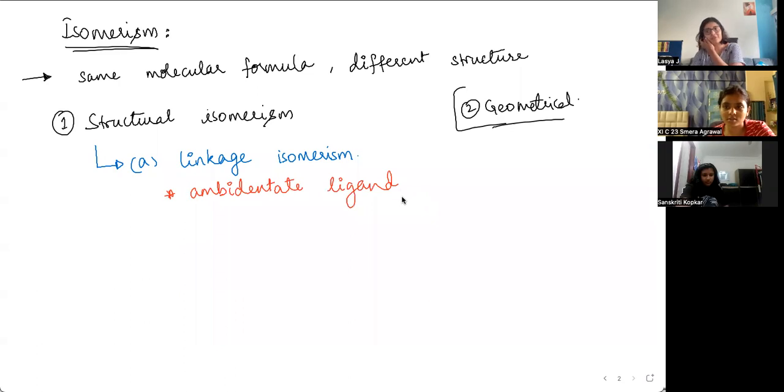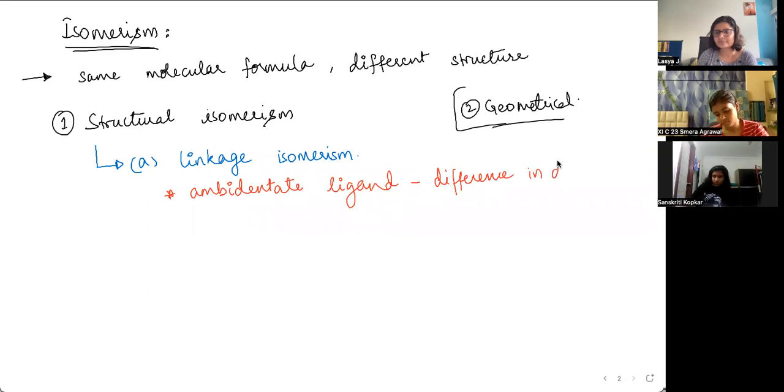So there's a possibility of 2, but it does it with only one of them. Yes. Okay. So from the name itself, you can figure out: ambidentate, linkage isomerism. The difference in this case is in the donor atom of the ligand.